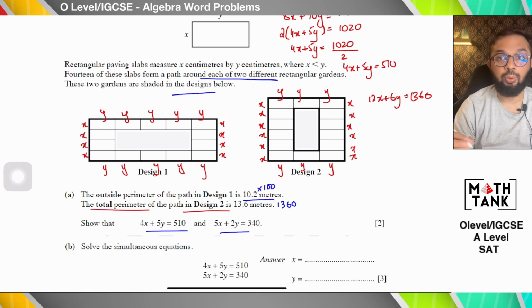Okay, so this is saying total perimeter. I also see this bold black line inside. That's interesting. So there are more y's than I thought and more x's than I thought. Let's erase this. So 12x, 13, 14, 15, 16, 17, 18, 19, and 20. 20x and 8y. Now what do I see common? I think I can factor out a 2 from this side.